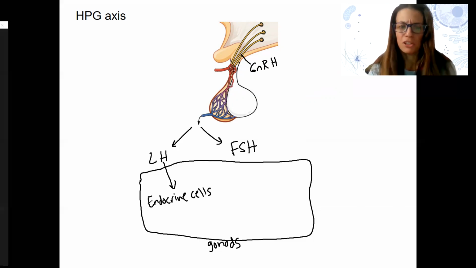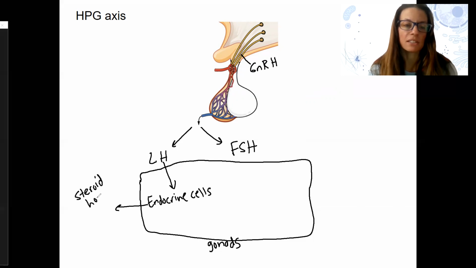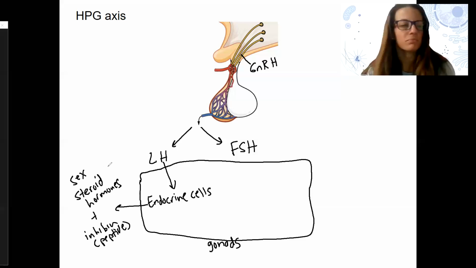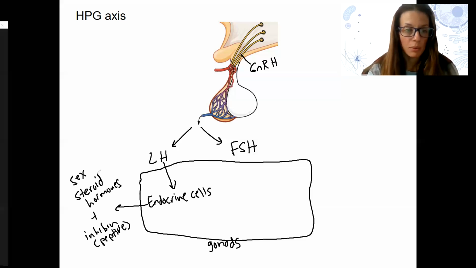These endocrine cells are going to do what? Well, what do endocrine cells do? They produce hormones. So they're going to produce steroid hormones. These are our sex steroids. And they're also going to produce one peptide hormone called inhibin. This is a peptide. And I'm going to put sex steroids here just to, that's what I said before.